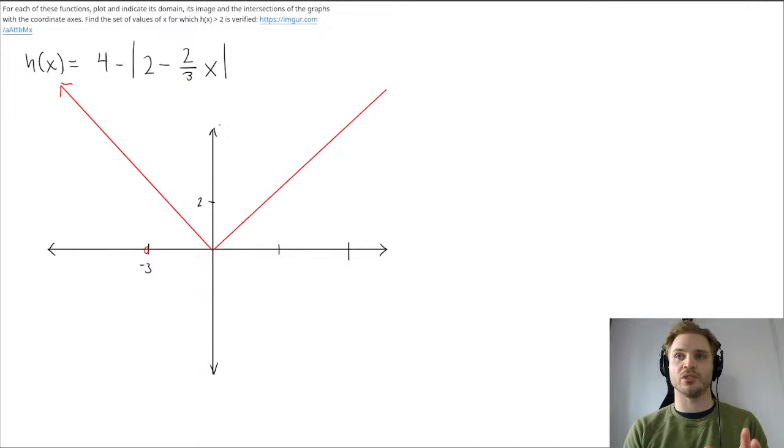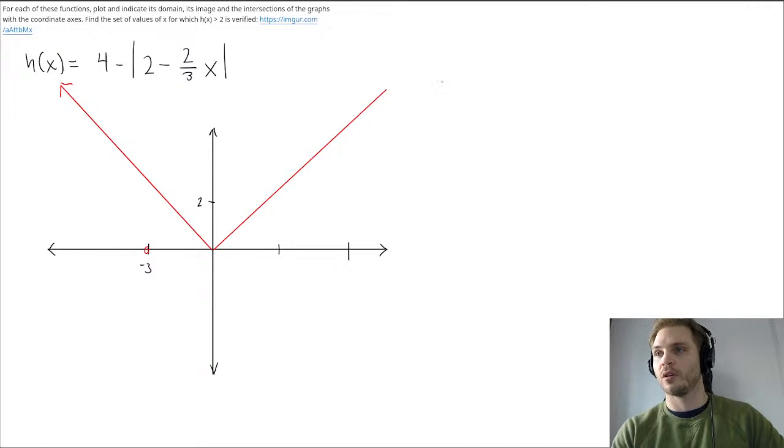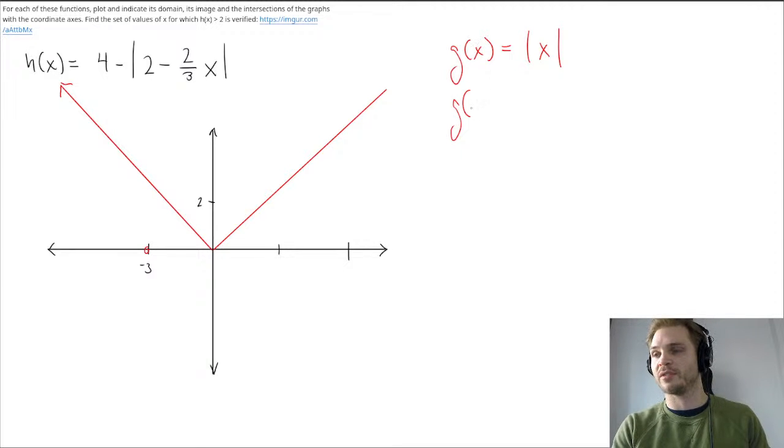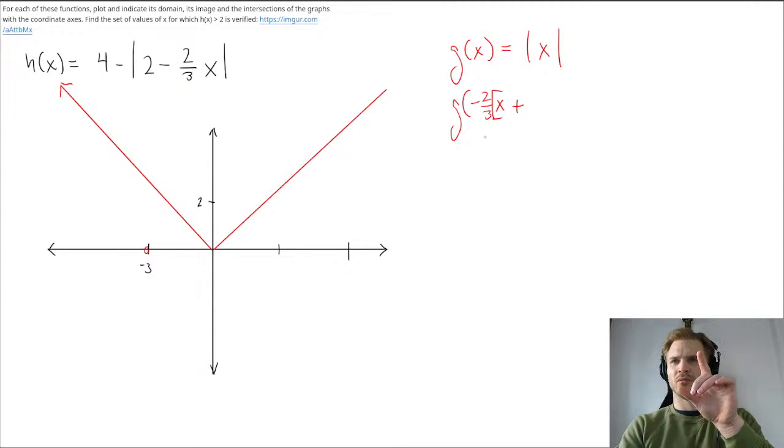Now we just need to do transformations on this, and this is how most people think of it. So let's say g of x is equal to the absolute value of x. That's this function. How do we turn it into this? Well, one thing we can do is instead of g of x, we can do g of 2 minus 2/3 x. Let me write that in a slightly different way. This is going to be negative 2/3 x plus, what would it be?